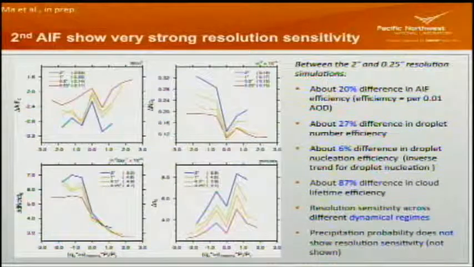You can see the first term is the aerosol indirect forcing, the second plot shows the difference of droplet number concentration between PD and PI, and this plot is the difference of droplet nucleation process rates between PD and PI, and the last one is the cloud lifetime difference between PD and PI conditions.